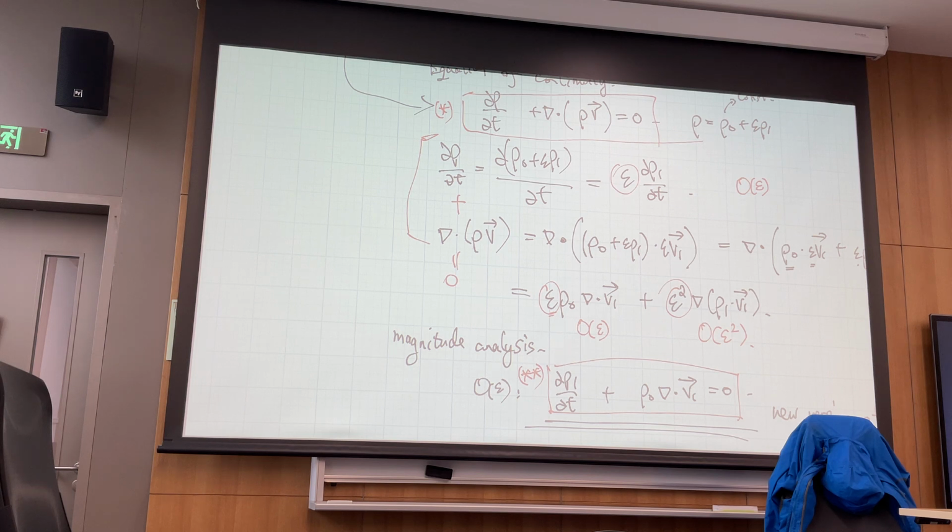Therefore, this is a constant multiplied with the divergence of a dependent variable. What kind of equation is this? It is a first order linear equation.